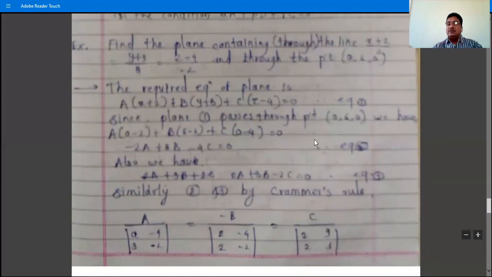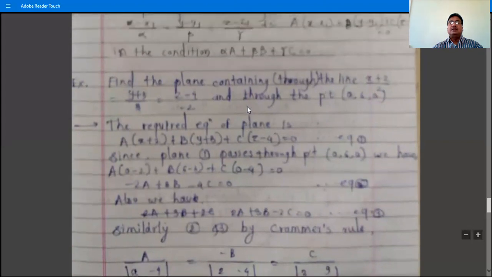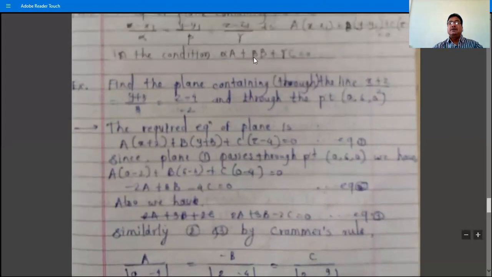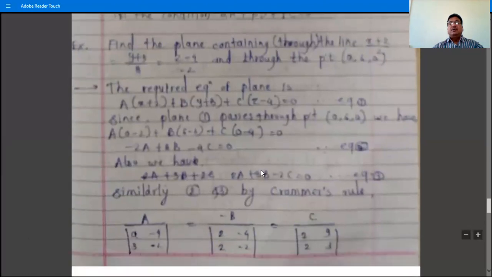So by using the condition of perpendicularity, alpha A plus beta B plus gamma C is equal to 0, we have 2A plus 3B minus 2C is equal to 0. We have this because the normal to the plane and the given line are perpendicular to each other.